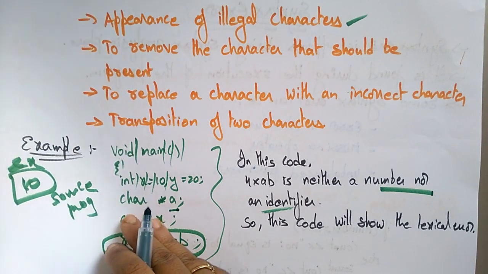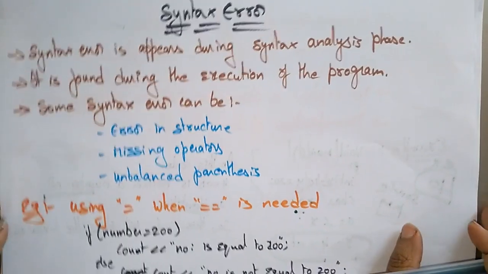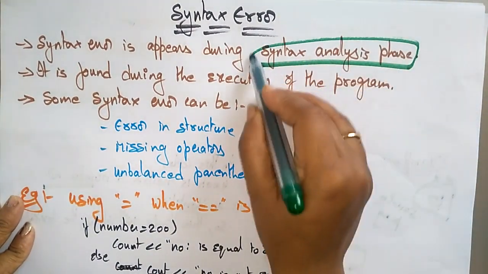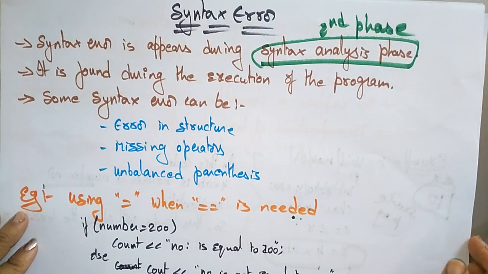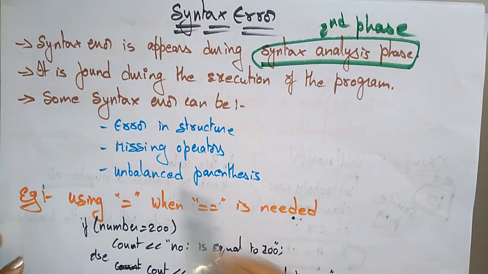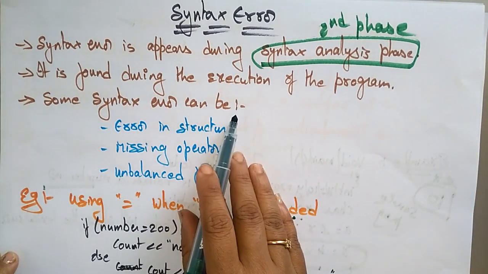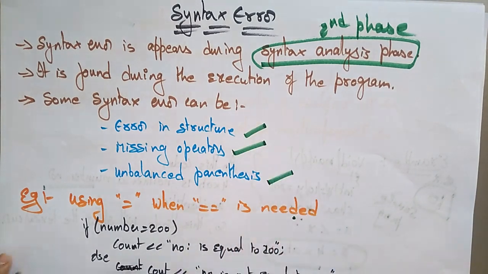So what is a syntax error? A syntax error can appear during the syntax analysis phase, that means in the second phase. So these errors will be found in the second phase. Some syntax errors are errors in structure, missing operators, unbalanced parentheses.